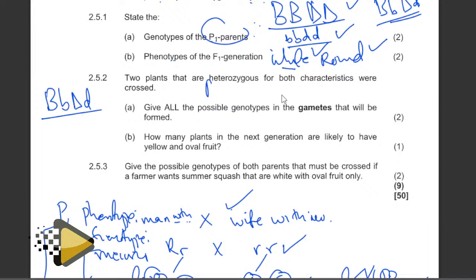So here I'm going to find the gametes. This goes with this, as I told you yesterday: it's going to be capital B, capital D. Then this with this, it's going to be capital B, small d. Then small b, capital D. This with this is going to be small b, small d. So these are the gametes which are possible. So 4 of them, maybe 2 marks for each. So you get that correct.